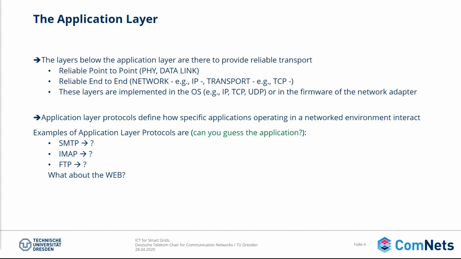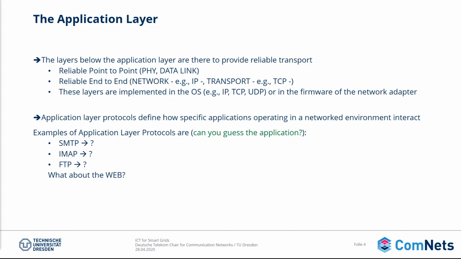Another example of application layer protocols that handles another completely different function is FTP, or File Transfer Protocol. Now, File Transfer Protocol handles a secure transfer of files between different points, between a client and a server.